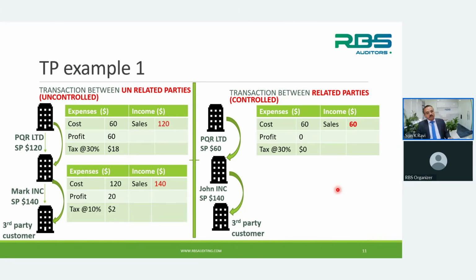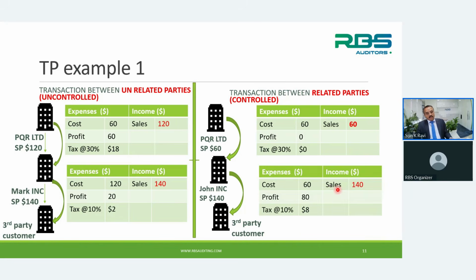Then automatically the profit in that country is 0, even though the tax rate is 30%. In the second category, the cost is 60, sale is 140, and profit is 80. So in effect, in that country you have to pay $8 as tax, and the total tax amount is $8.